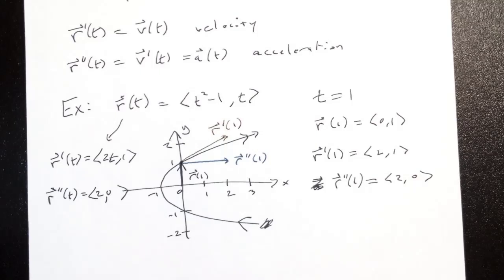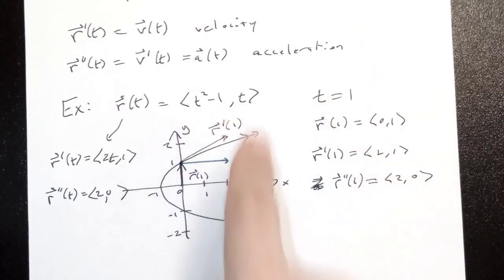Now, I pulled t equals 1 out of the textbook. If we pick another point, I'd get these vectors in a different place. Do you want to try another one? Okay, give me another t value. It could be anything you want, because this takes all real numbers, right?